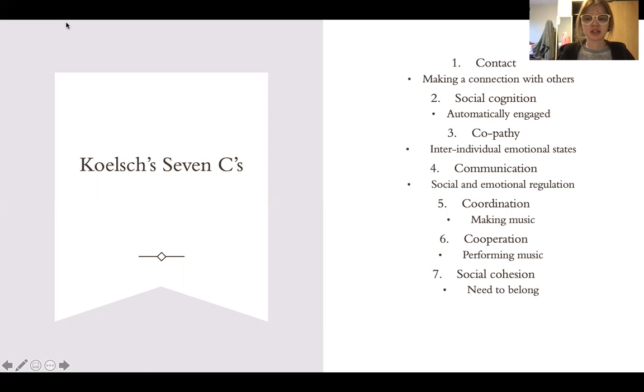Next would be communication, and that really helps with social and emotional regulation because it can help you relay specific thoughts or ideas you have to somebody that you don't know how to put into words. If you send them that song, they can sort of understand what you're trying to say. And for emotional regulation, I know that music can be very helpful in alleviating negative emotions like stress, anxiety, anger, and things like that.